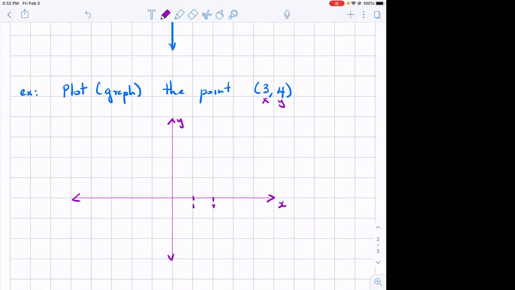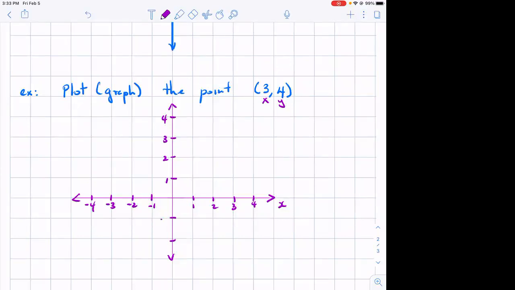We have 1, 2, 3, 4, and negative 1, 2, 3, 4.